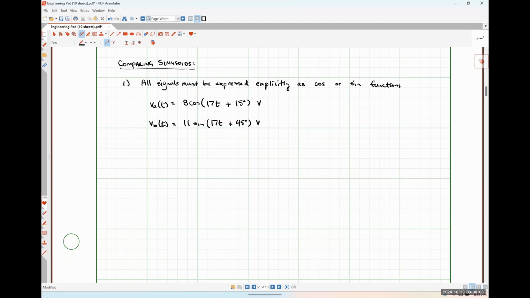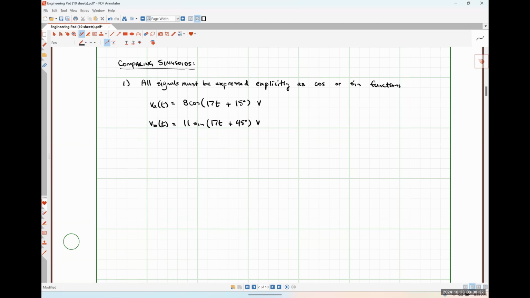In order for me to compare these signals to each other, I need to express the cosine function as a sine, or I need to express the sine function as a cosine so that they're all cosines or they're all sines. I can't have them mixed up, or I can't do an apples to apples comparison, okay?